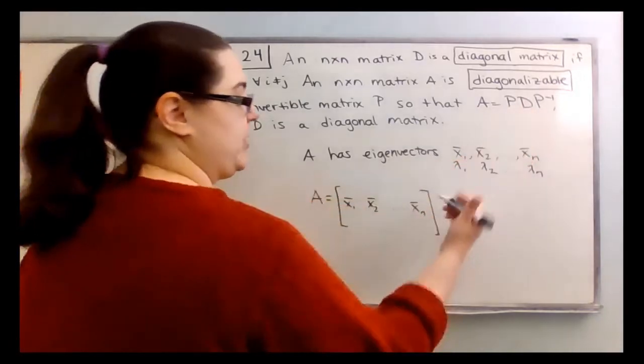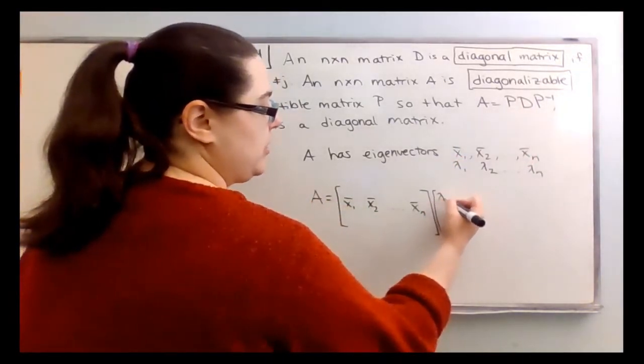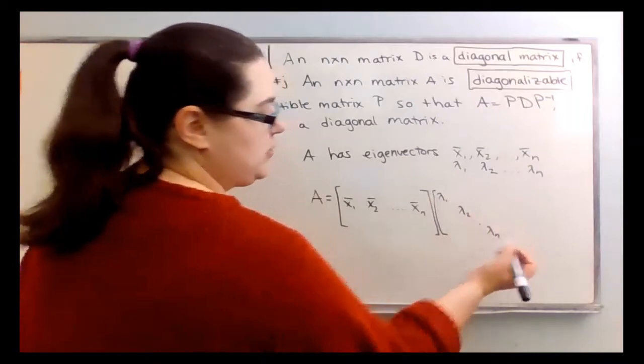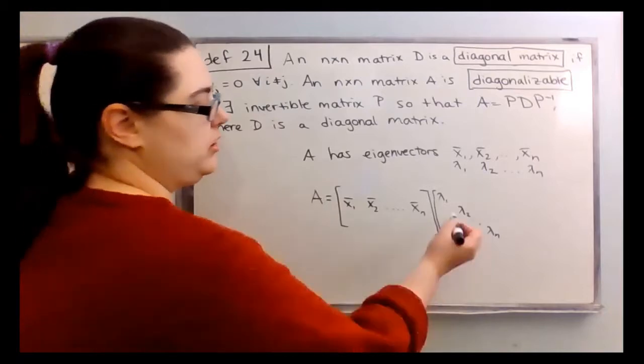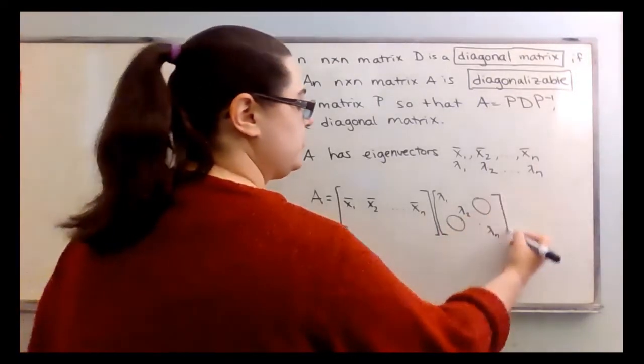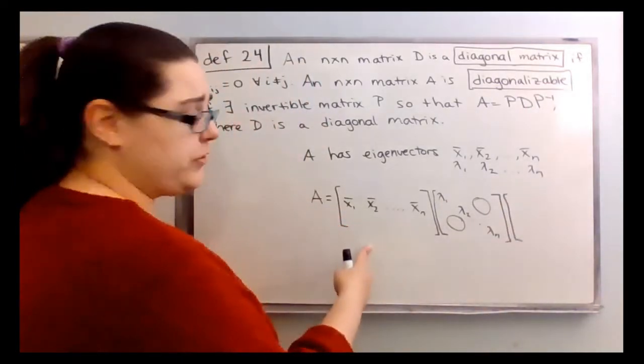Then this diagonal matrix that we have here is going to be lambda 1, lambda 2, all the way down to lambda n along the diagonal, and zeros elsewhere. And then we have this matrix's inverse.